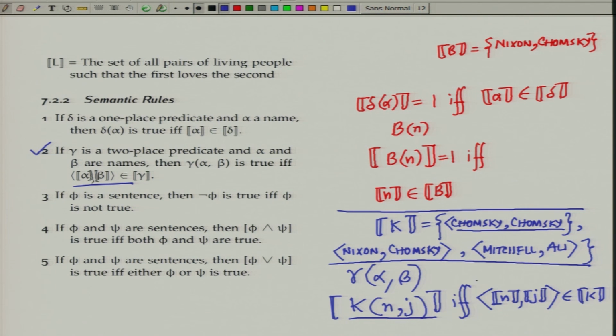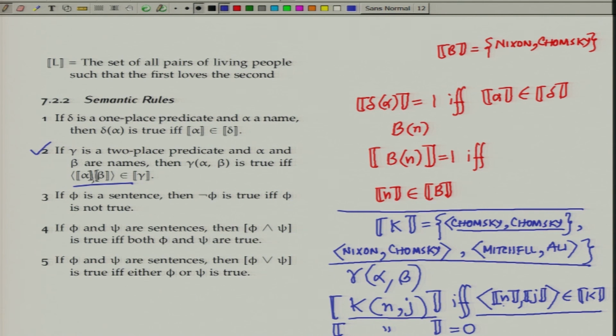Do we find it? No, we find Nixon, Chomsky, not Nixon, Mitchell. Because we don't find it, it is definitely 0. So, the truth value of this sentence K N J is going to be 0, because it doesn't yield the truth value 1. And once again, it doesn't yield because of this set membership, because this pair, Nixon, John Mitchell, is not part of this set.